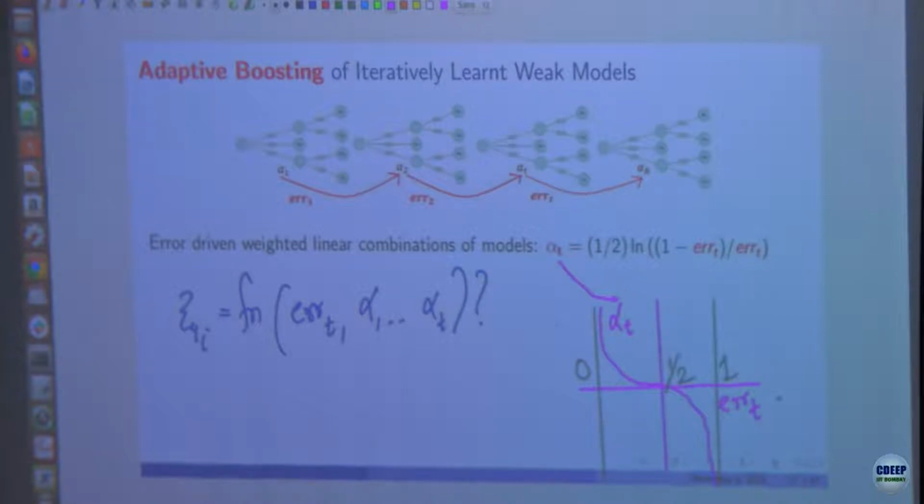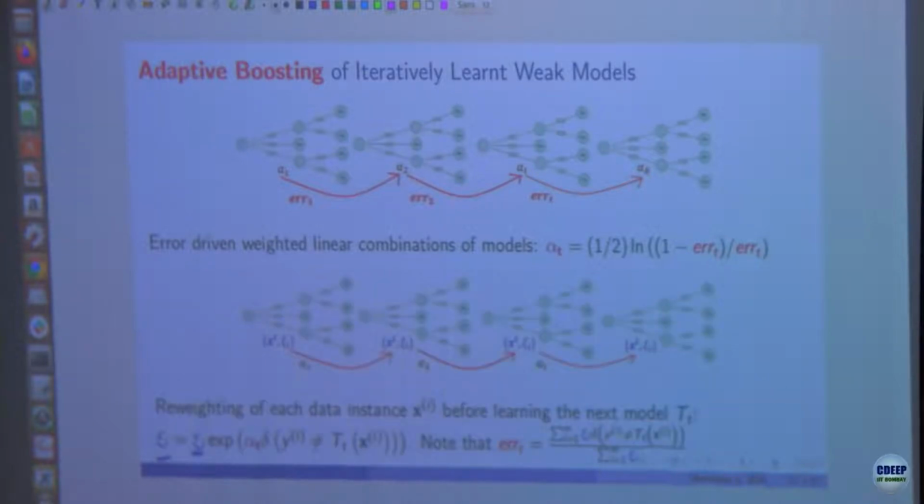Alpha t of the t-th classifier. And alpha t, the idea is that it should increase as the error made by the t-th model decreases. So there is a specific form, and xi_i should account for the goodness of all the models so far as well as the goodness of the current model.